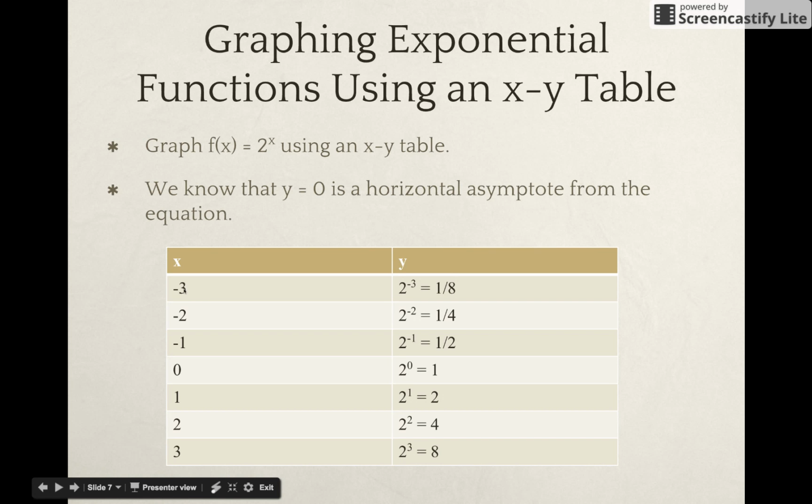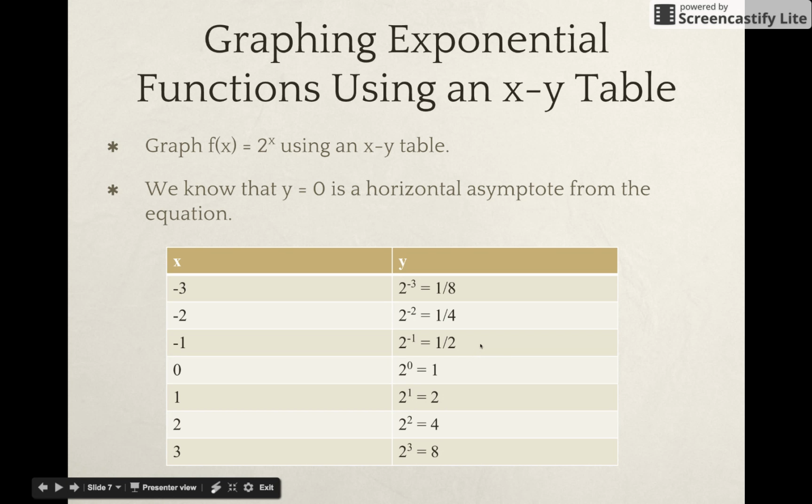So when x is -3, we would do 2 raised to the -3rd power, which is 1/8. When x is -2, we would do 2 raised to the -2nd power, we would get 1/4. To the -1st, we would get 1/2. To the 0th, we would get 1, and so on.